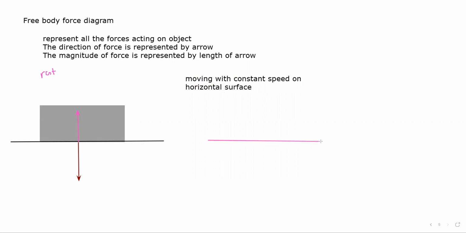For example, if this object is moving on the horizontal surface with a constant speed and we want to represent a free body force diagram, the weight acts down, the normal contact force acts up, then the force which causes the movement, for example towards the right, and the friction opposing the motion is towards the left. The lengths of the arrows should be the same, which shows the magnitudes: the weight and the normal contact force or reaction force are equal, and the force causing motion towards the right equals the frictional force towards the left.